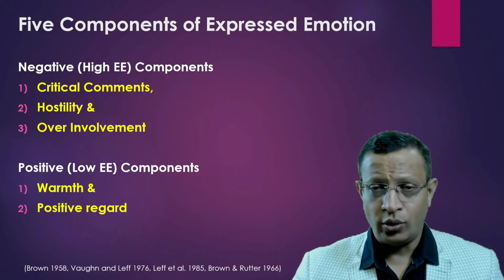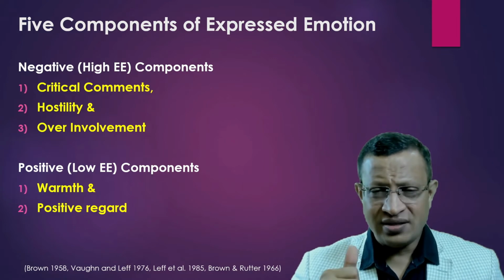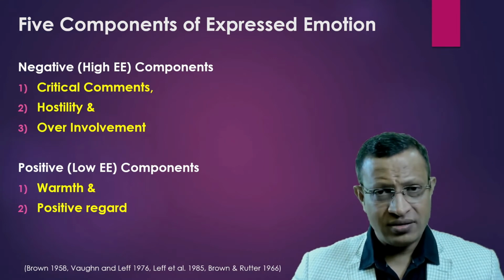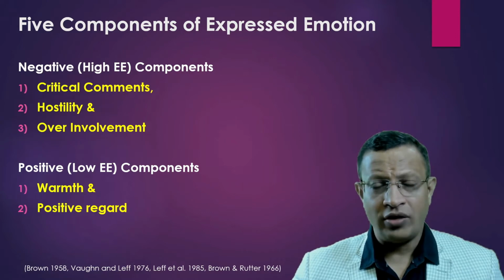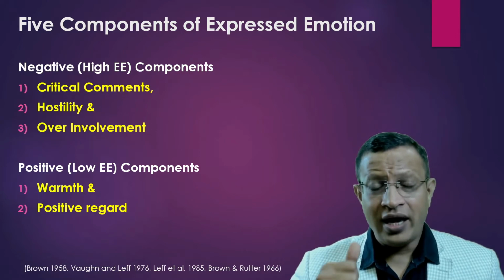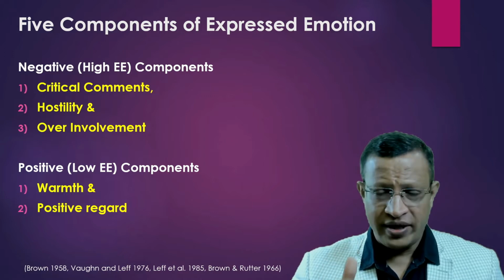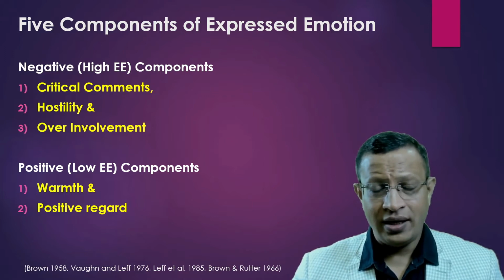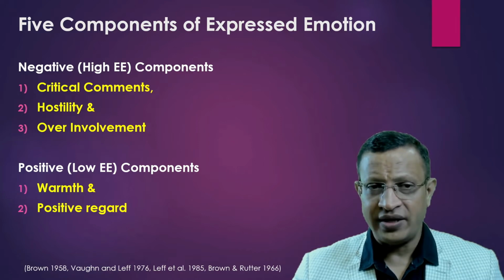They are divided into two: high EE components and low EE components. What is high EE? Basically, negative expressed emotion: critical comments, hostility, and over-involvement. These are the high expressed emotion components. The positive ones are also called low expressed emotion components: warmth and positive regard.